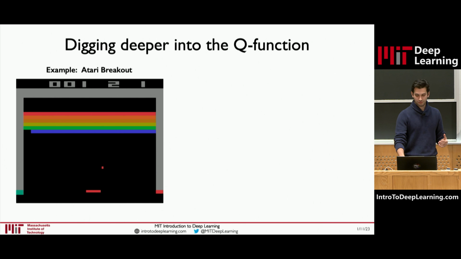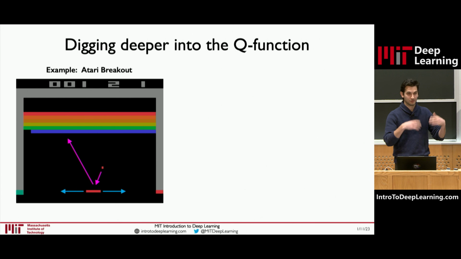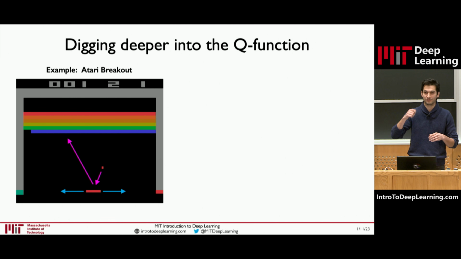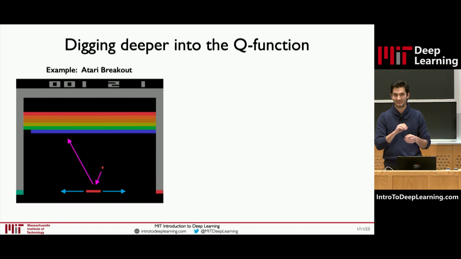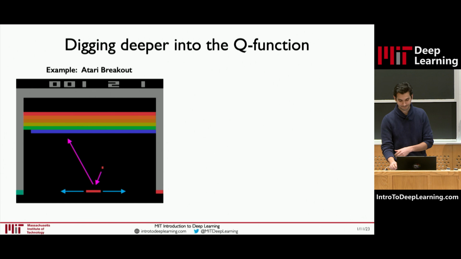The agent is able to move this paddle on the bottom left or right, and the objective is to move it in a way that the ball that's coming down towards the bottom of the screen can be bounced off of your paddle and reflected back up to the top of the screen towards the rainbow portion and keep breaking off pixels. Every time you hit a pixel on the top of the screen, you break it off. The objective of the game is to eliminate all of those rainbow pixels, so you want to keep hitting that ball against the top of the screen until you remove all the pixels.